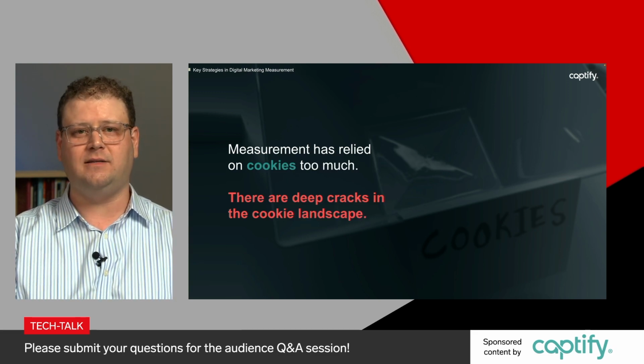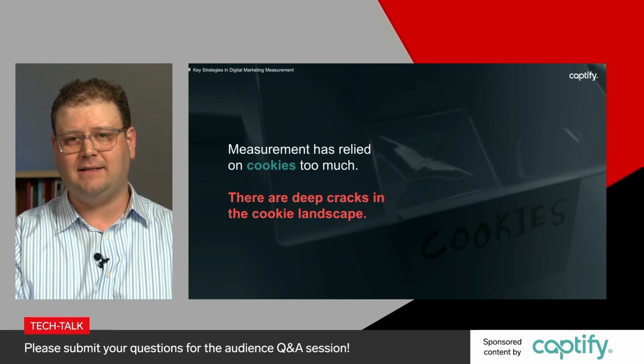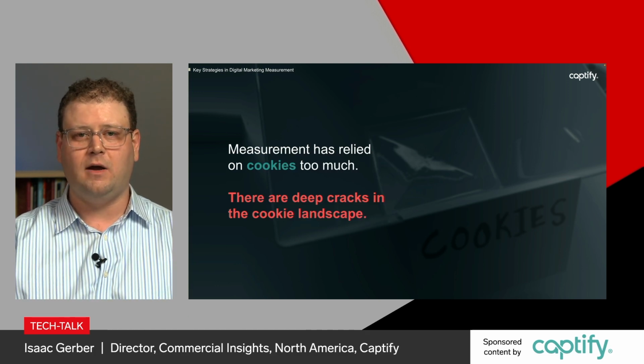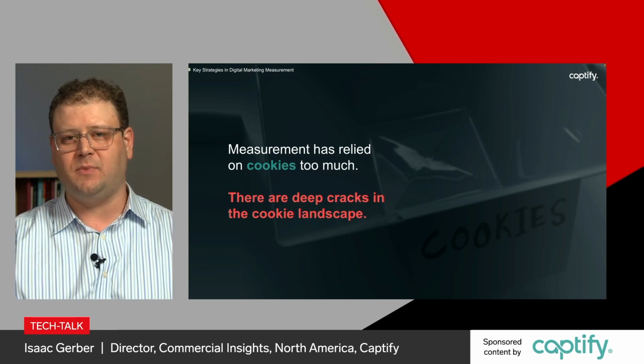We're also talking about cookies because they give you a sense of what's going on in just a digital landscape. But there are other channels like CTV, digital out of home, regular out of home, and linear TV that don't have the concept of a cookie at all.